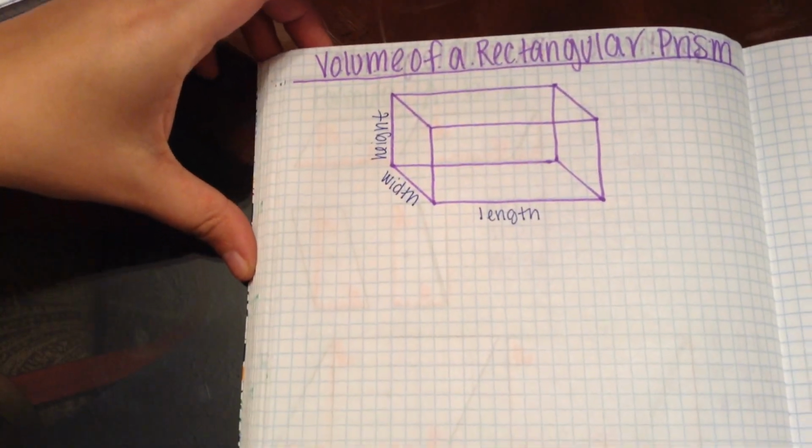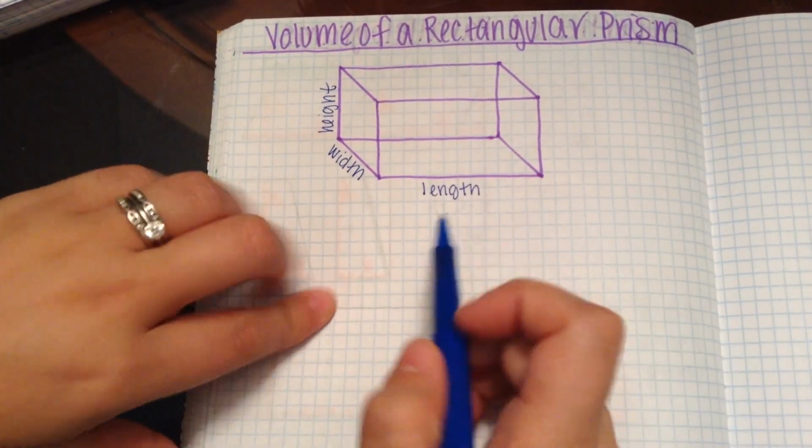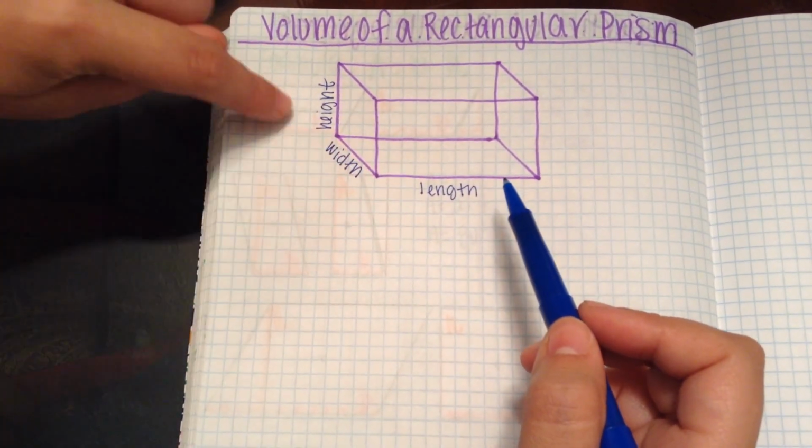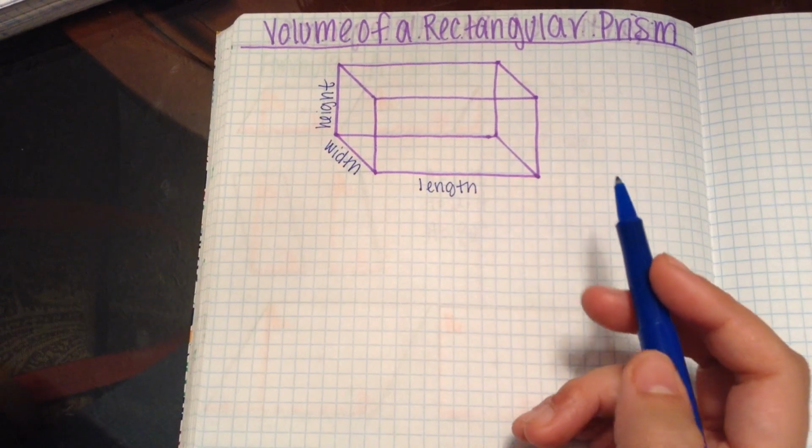So we have the length going this way, the width, and then the height going up and down.